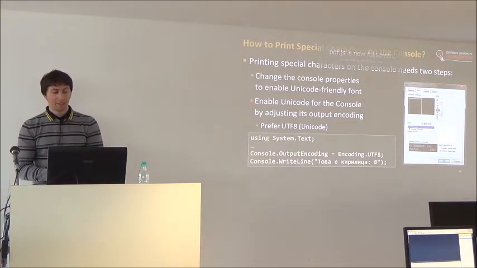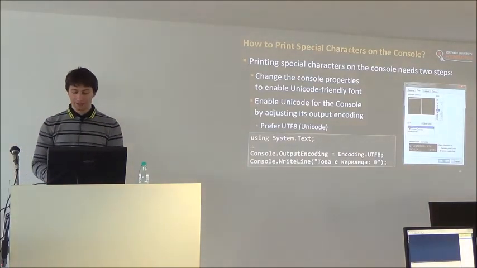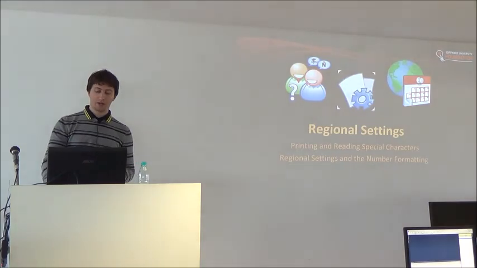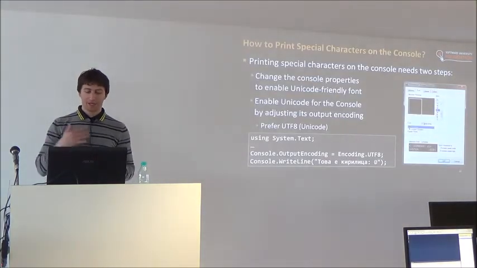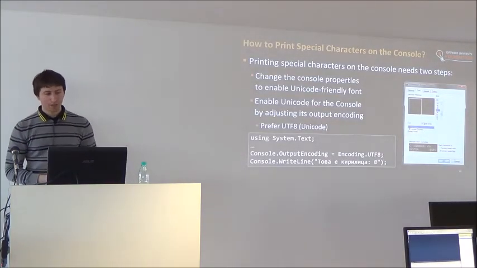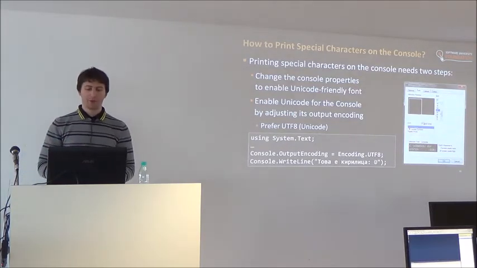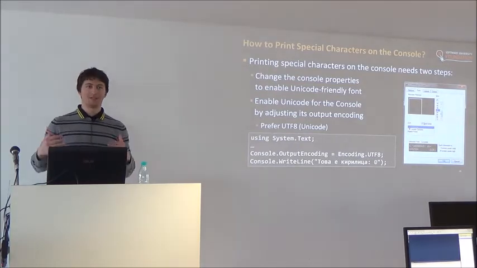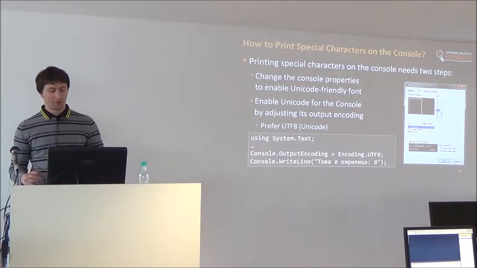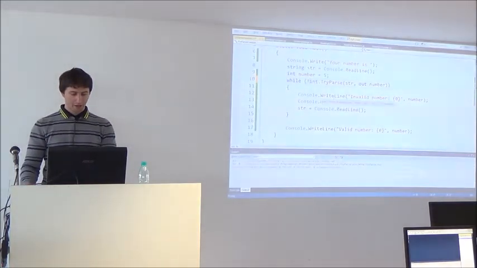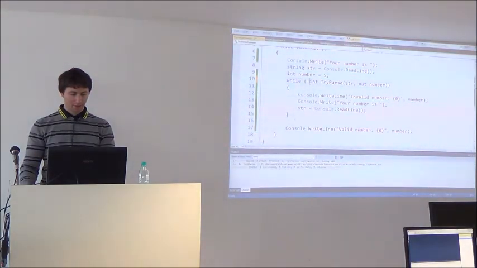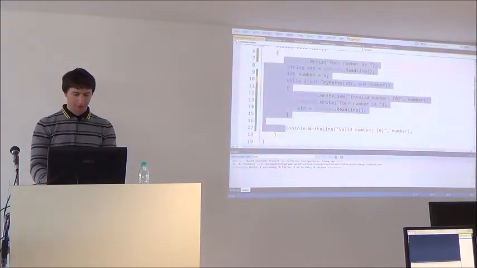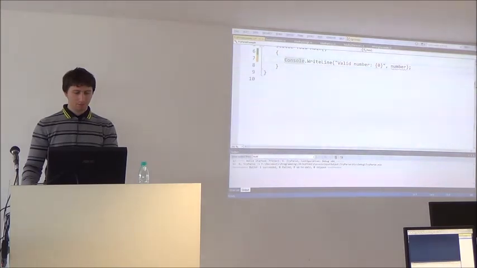As I said at the beginning about the original settings, this is something that you can change inside the code. So when we try to print some special characters, we run into trouble because the console does not understand Cyrillic, for example. If I try to write here, let's see, we don't really need any of that.